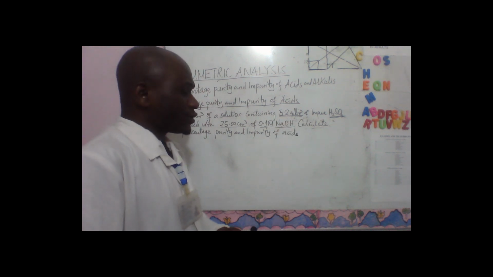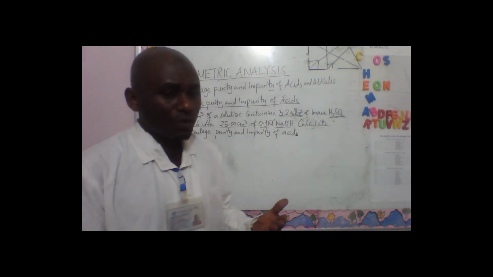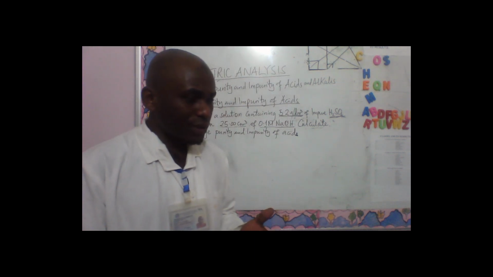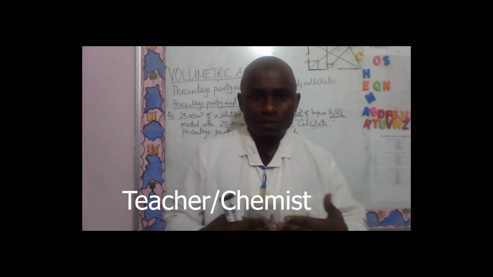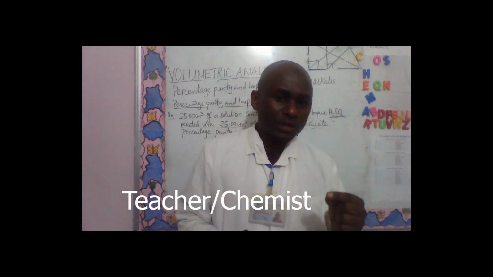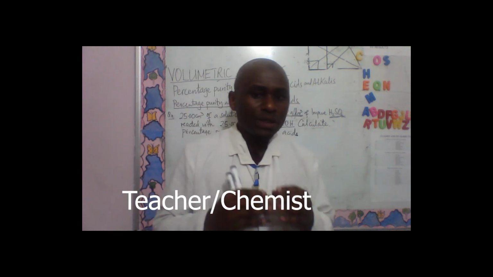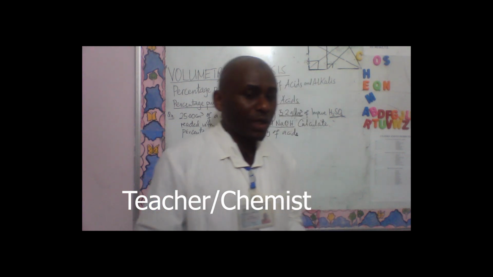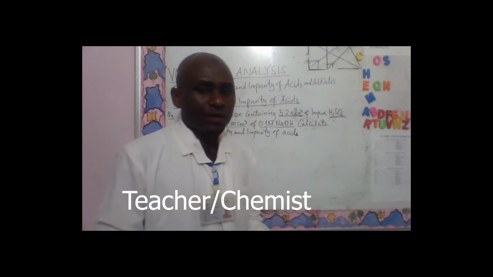To note here, in order to obtain the percentage purity of a substance or a given sample, we take the percentage of pure sample over the percentage of impure sample times 100%. We will obtain the percentage purity of a given sample of matter.